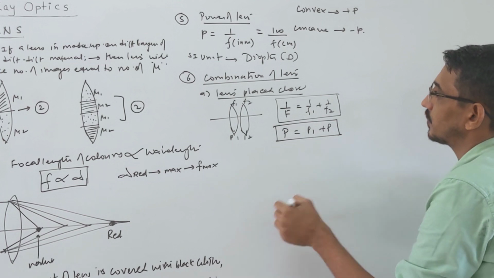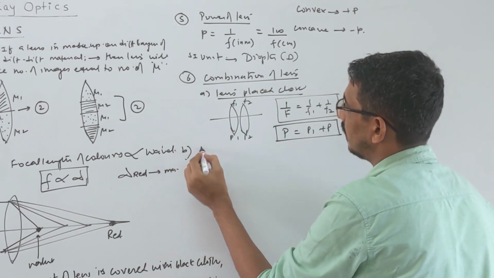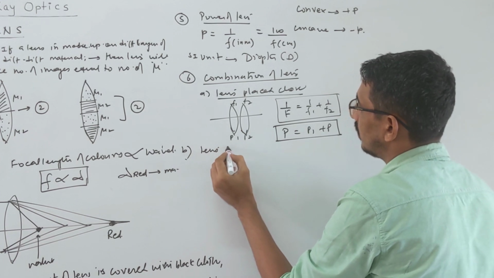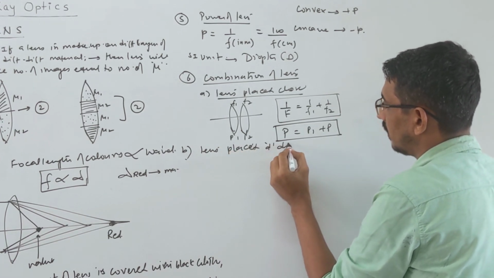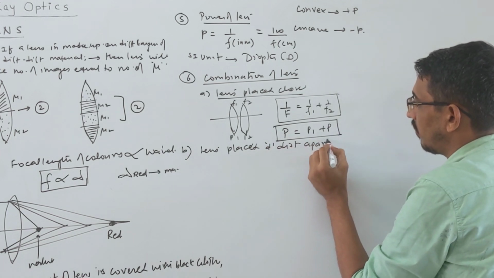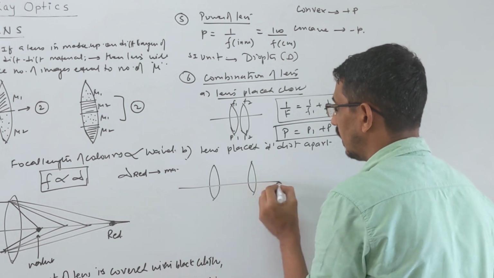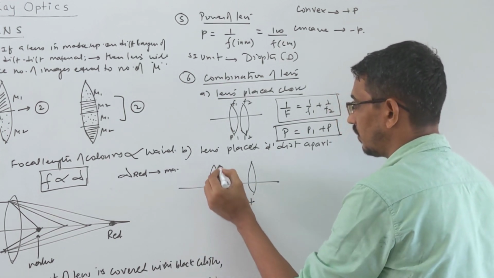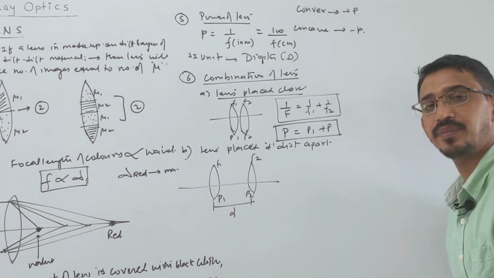But what happens if they are placed at some distance? Second case, lenses placed d distance apart. Sometimes they will place them at some distance, right? So one lens, another lens, and this is a distance d between them, with focal lengths f1, f2 and powers P1, P2.